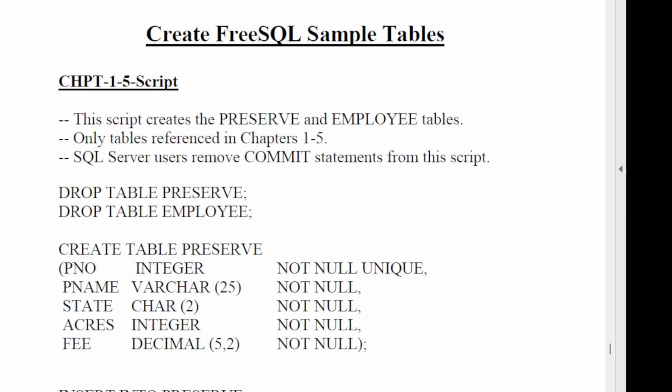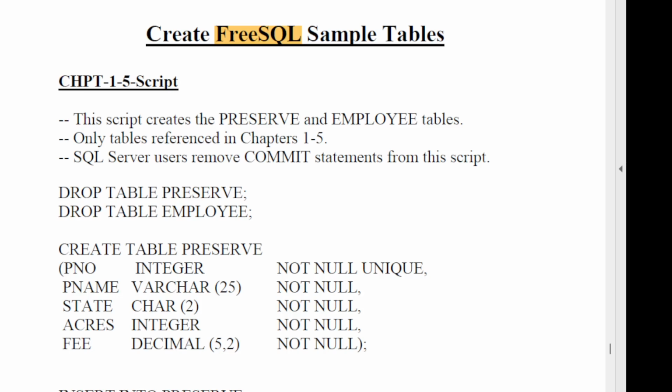All right, let's look at the script for creating the free SQL tables. Now, if you go to the website, you'll find that there are two scripts. A big script with a lot of create statements, a lot of insert statements to create all the tables that are used in the book. Then you'll find a much smaller script that only creates two tables.